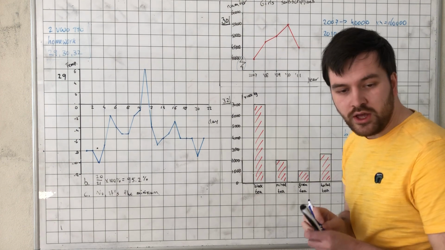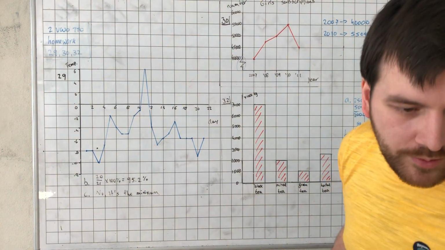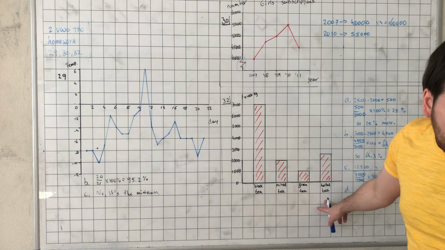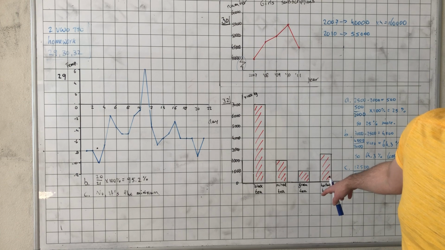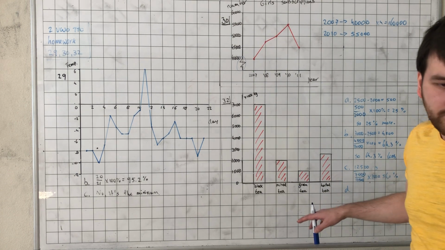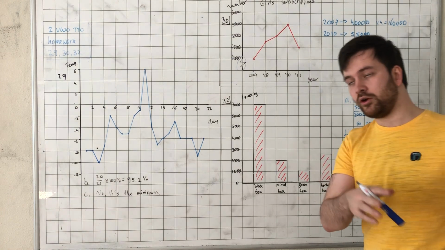D, the last one, which was a hard one. The question was 23% of herbal tea was rooibos tea. How many grams of rooibos tea was on average used per person in the Netherlands? Assume that there were 16.6 million people. So first we want to calculate how many kilograms of rooibos tea was consumed.